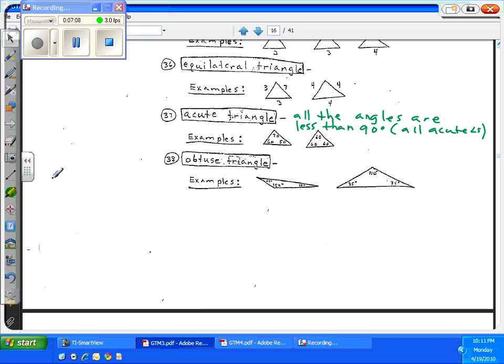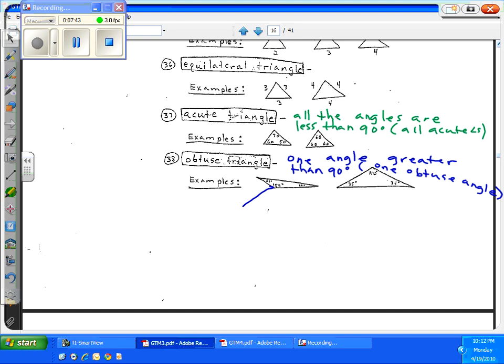An obtuse triangle is a triangle that has one angle greater than 90 degrees, or one obtuse angle.